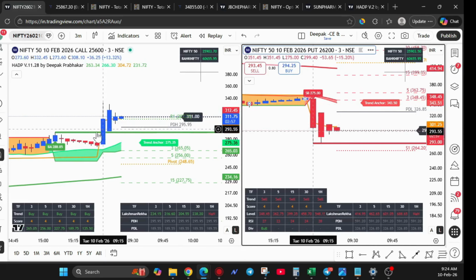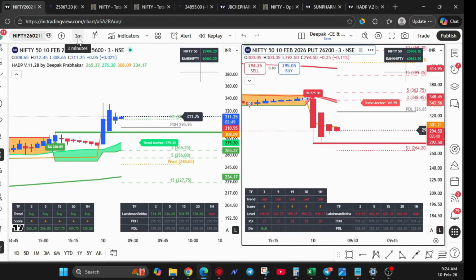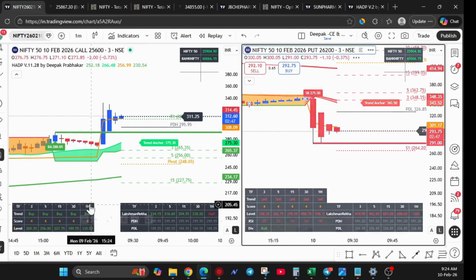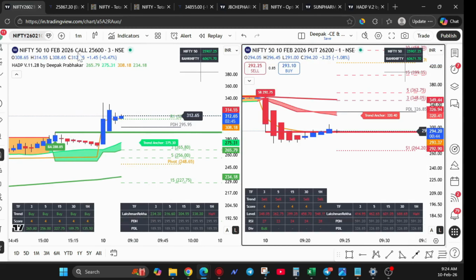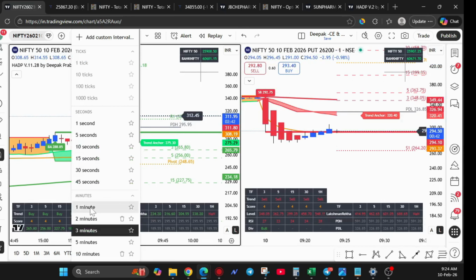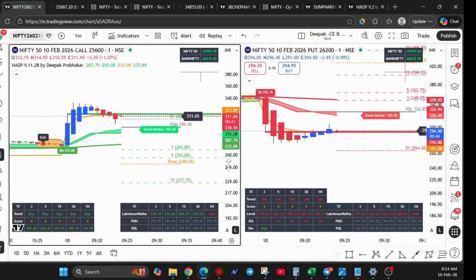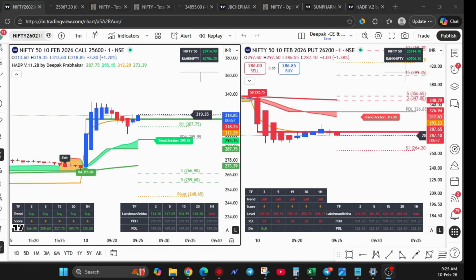So from what you carried over yesterday, probably today you would have got 30, 40, 50 rupees higher on a 3 minutes time frame. So we'll switch over to a 1 minute time frame again on both sides, and let's see what it does. I'll go on pause now.